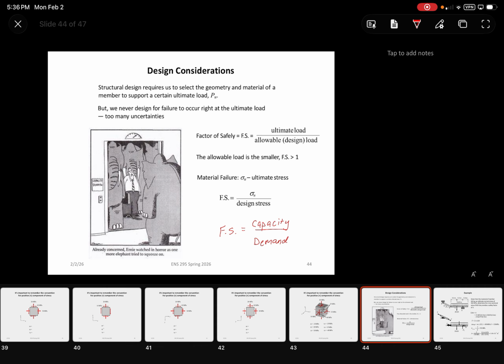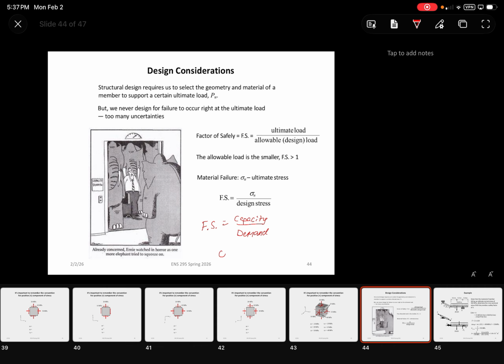All right. Another way you can kind of consider it is basically sigma allowable has to be, let me rewrite that. Capacity divided by demand.